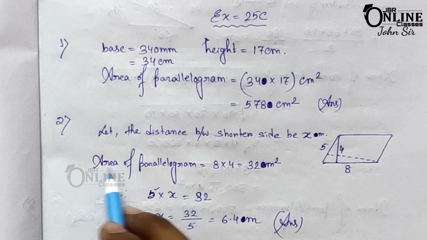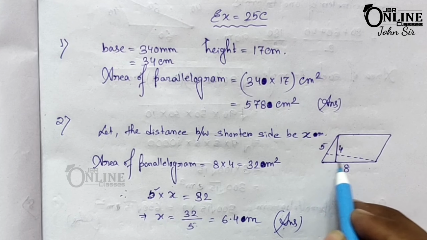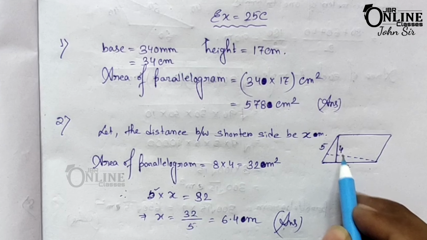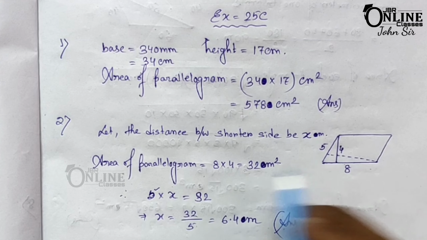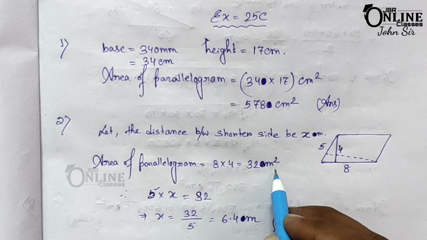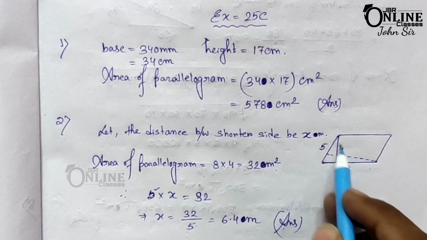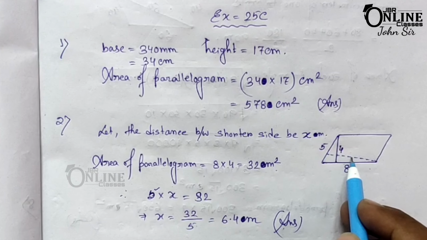So first, the area of the parallelogram: if 8 meter is the base and this one is the height, then 8 into 4, base into height, equals 32 meter square. Now if 5 is the base and this one is the height, then the area will be 5 into x.